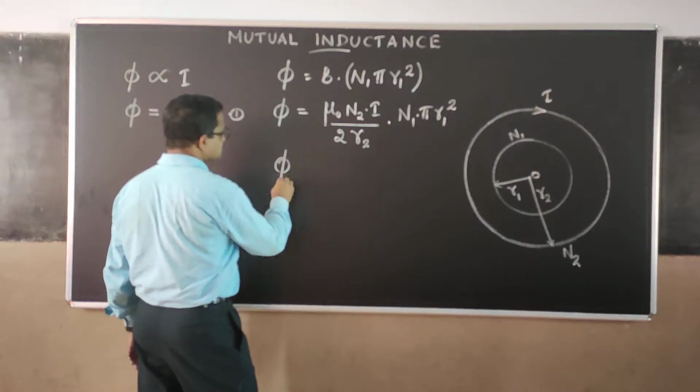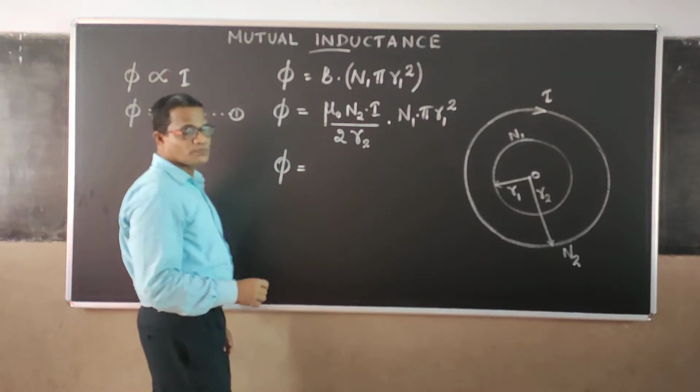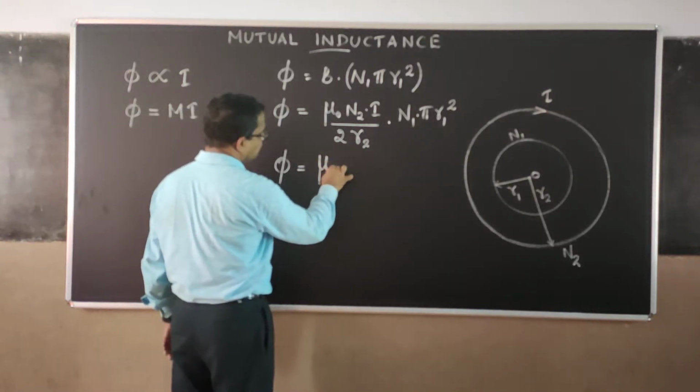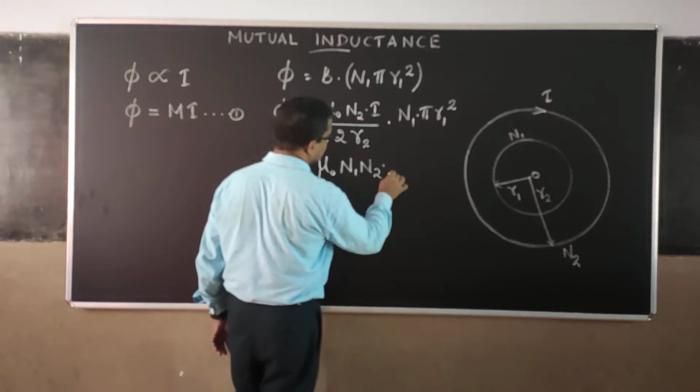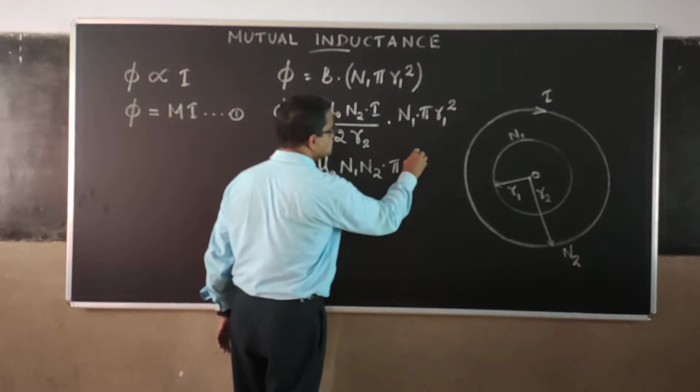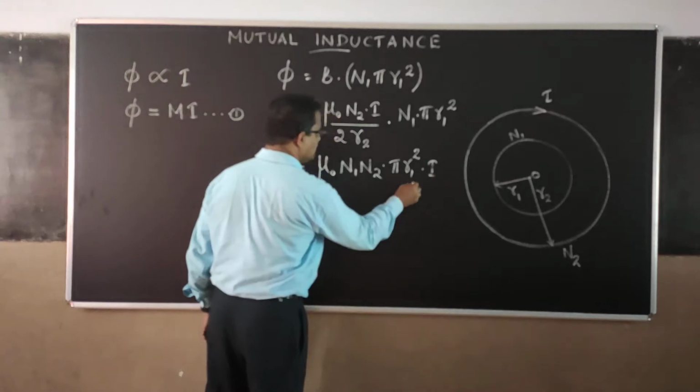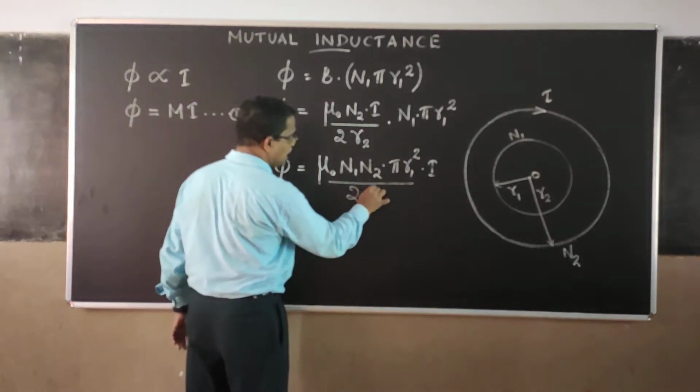So I can rewrite this as phi equal to mu 0 N1 into N2 into pi R1 square into I divided by 2 R2.